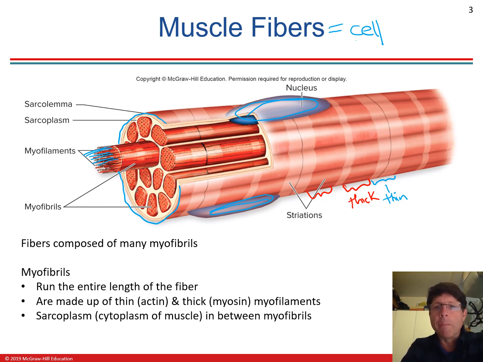And we're going to have some medium filaments as well. And in the middle of these thin filaments, I'm going to talk about it on the next slide, but you're going to see this really thin line here. This thin line we're going to call the Z disc. I'm just pointing it out here because this is probably the best picture that we have of that Z disc.